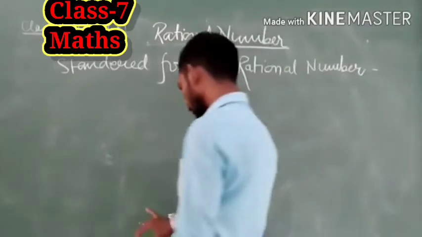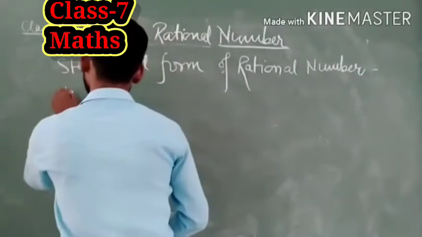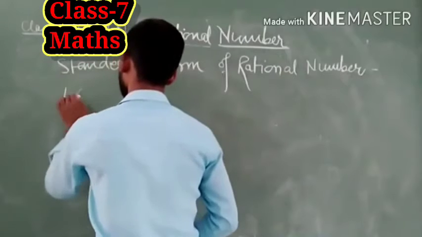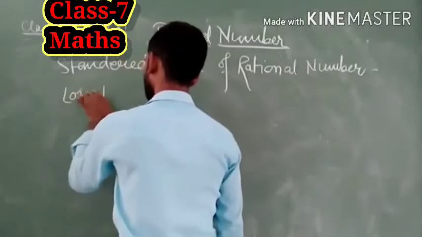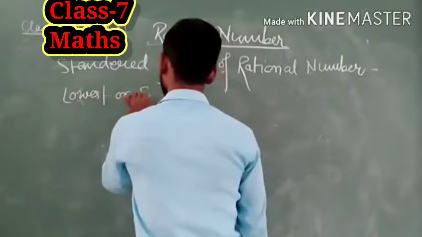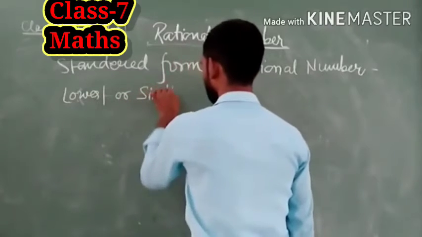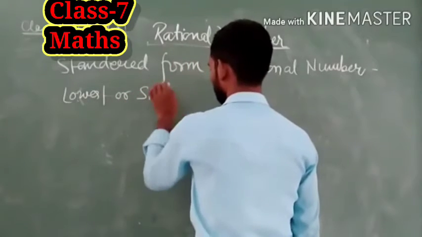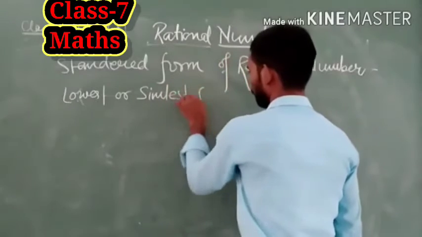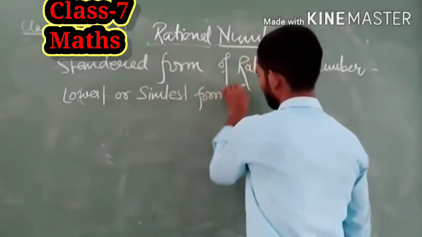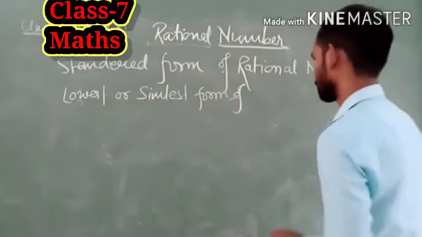Sometimes it is also known as the lowest or simplest form of rational number.